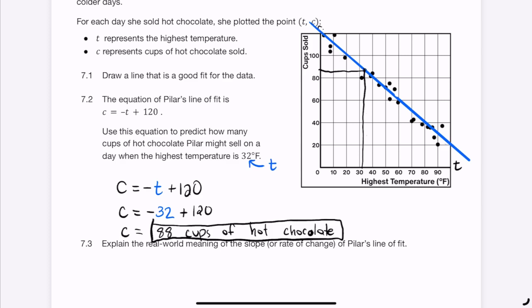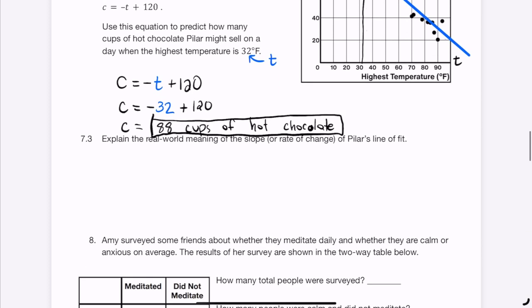And then finally, we're going to explain the real world slope or rate of change of Pilar's line of fit. So what might be a little bit tricky here is we're using C and T instead of X and Y. And also the slope is kind of hidden. So the slope here is -1.